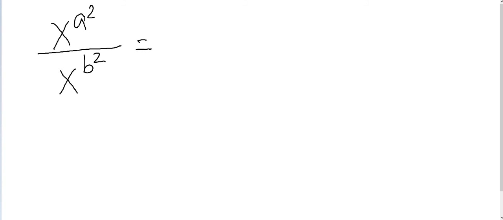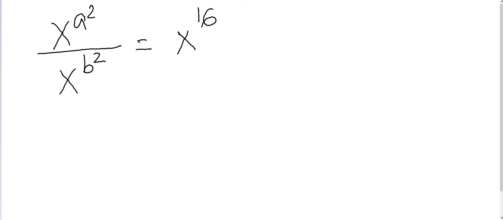So let's go to the solution. Let's write down what's given. X to the power a square divided by x to the power b square equals x to the power 16. Now first thing, when you look at x to the power something divided by x to the power something else, that's the formula.